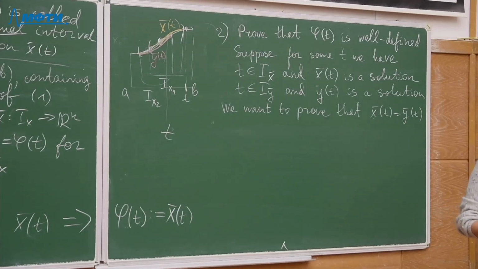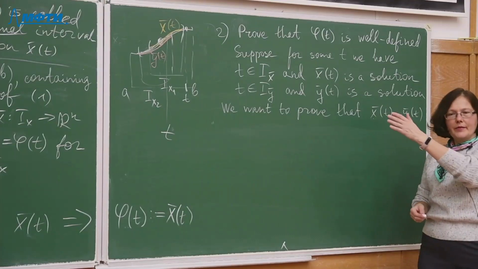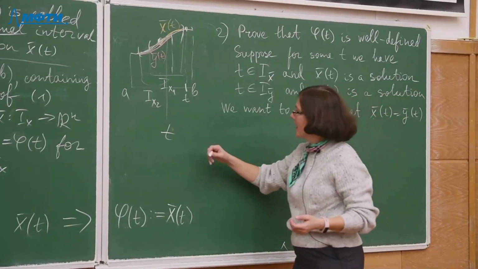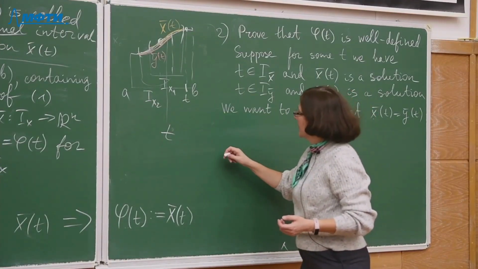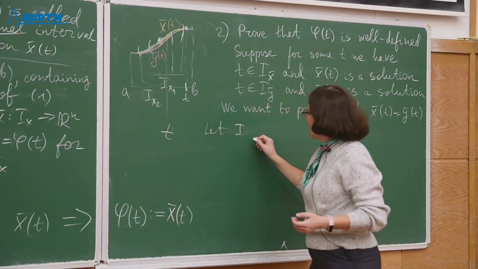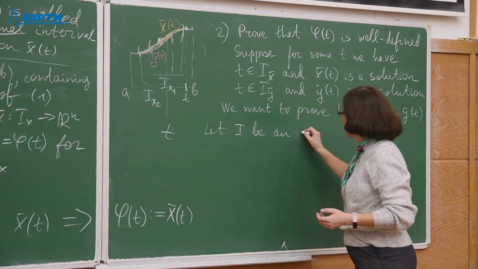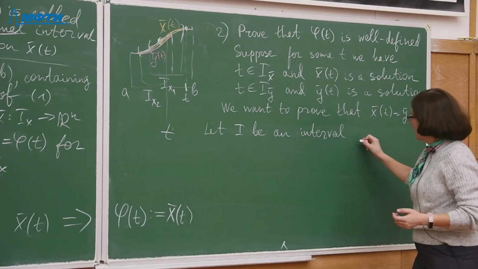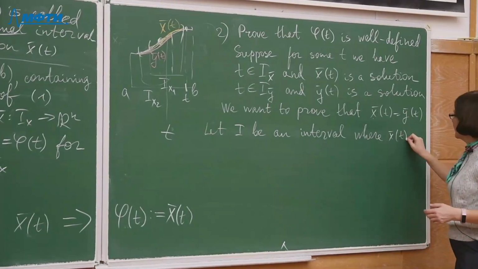Okay, we know that locally these two solutions coincide because of the existence and uniqueness theorem, right? Locally they coincide. And okay, let I be an interval on which x of t equals y of t.